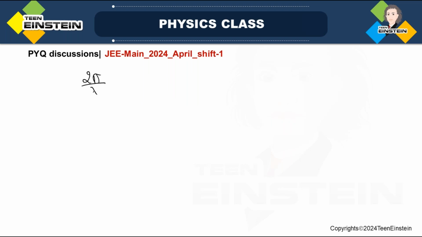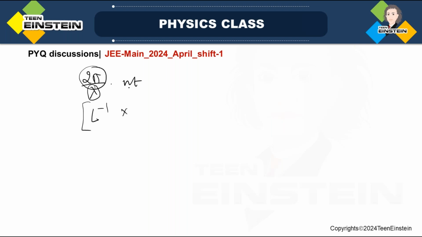So how do I get a dimensionless quantity over here? This is of zero dimension. This has L, so L inverse.